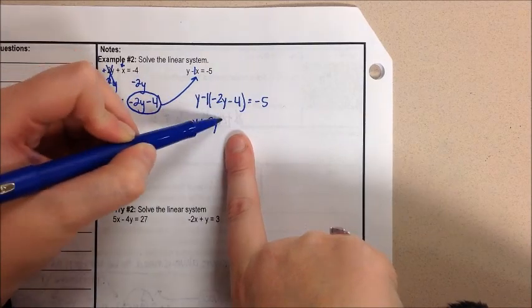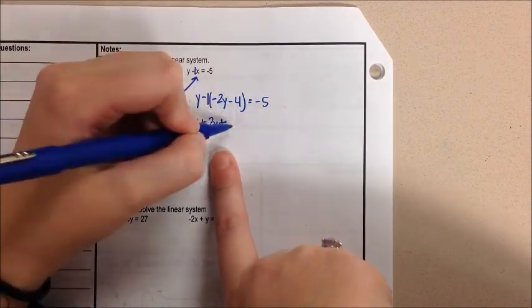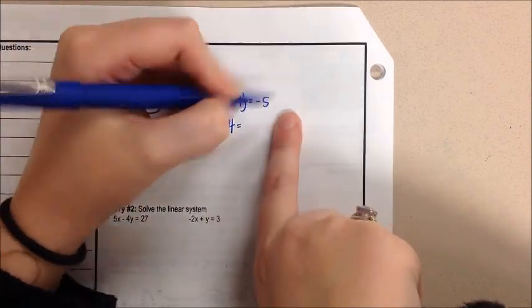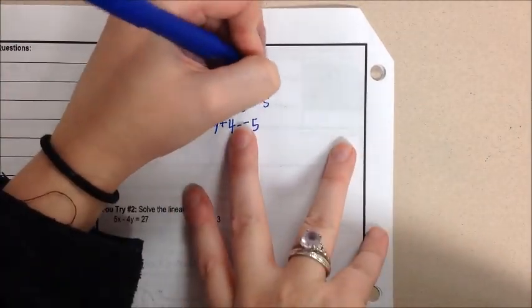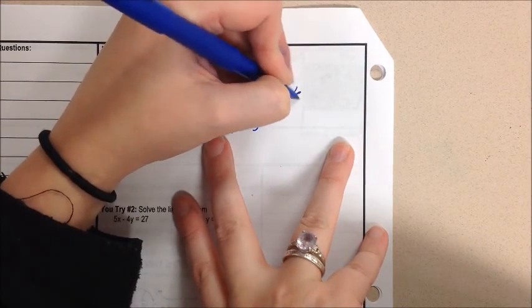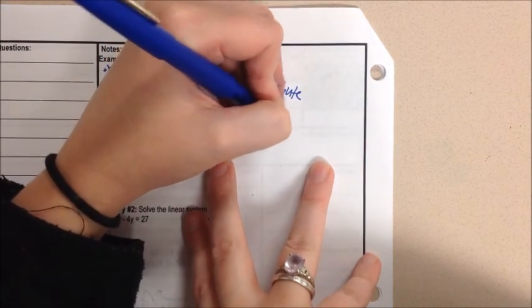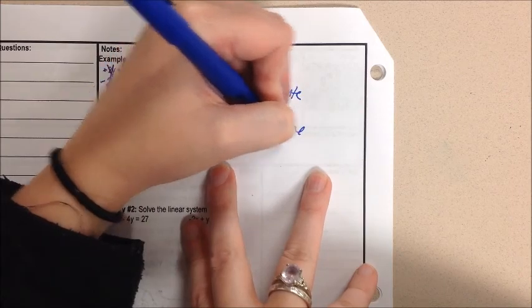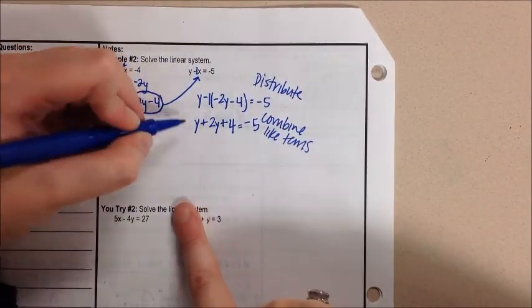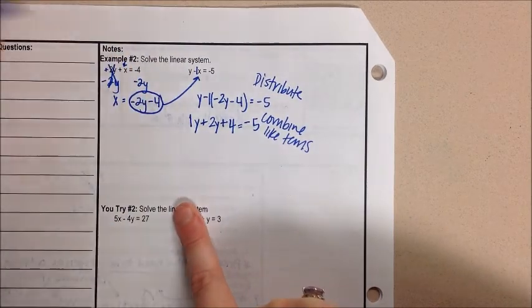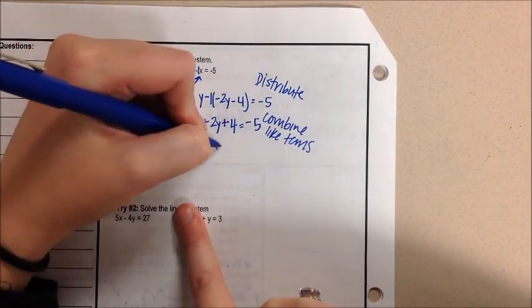Negative times a negative is a positive, and 1 times 4 is 4. And then I still have the negative 5. So that was my distributing. Okay, and now I'm going to combine like terms. So y plus 2y, this is like 1y. 1y plus 2y is 3y.